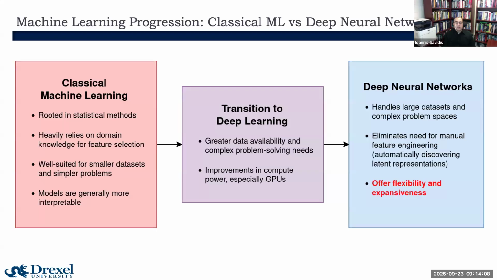And deep neural networks are particularly adept at handling large data sets and complex problem spaces. It also eliminates the need for manual feature engineering, as these networks are capable of automatically discovering latent representations. And the primary value of deep learning lies in its flexible architecture, its scalability, and the ability to perform higher order modeling.